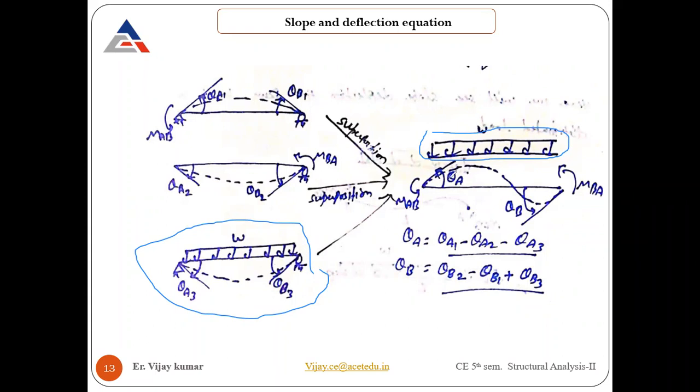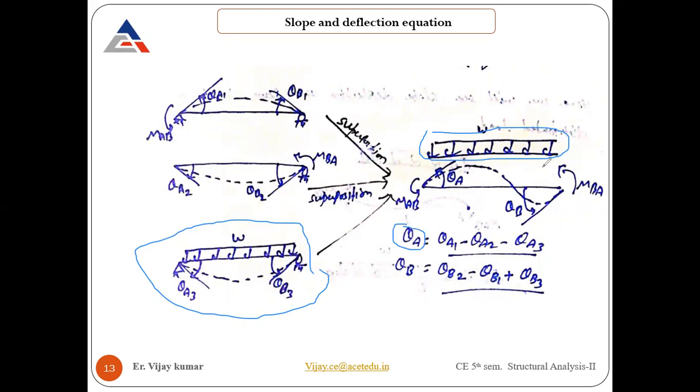So what is the value of the total theta A? Theta A is positive in this case, as we consider anti-clockwise theta to be positive. Theta A1 is in clockwise direction, so negative. Theta A2 is also in clockwise direction, negative again, and then theta A3. This is the total theta which we need to calculate.